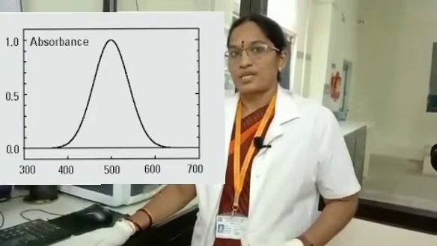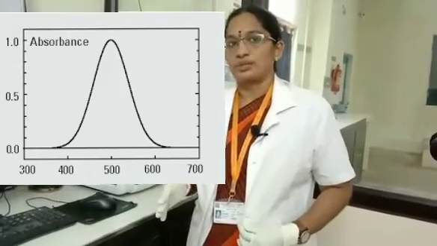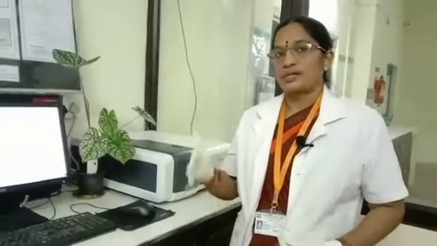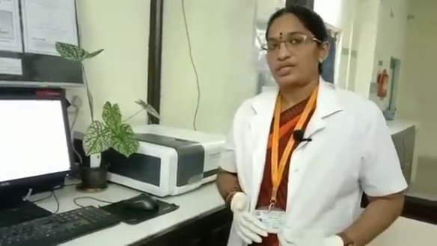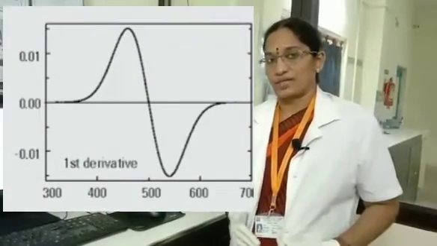This zero order spectrum will be subjected to first order, second order, third order, fourth order, etc. In the zero order spectrum, we observe the change of absorbance as a function of wavelength. When we subject it to derivatization by giving an option in our system, we get the first order derivatized curve, where we observe the rate of change of absorbance with wavelength.